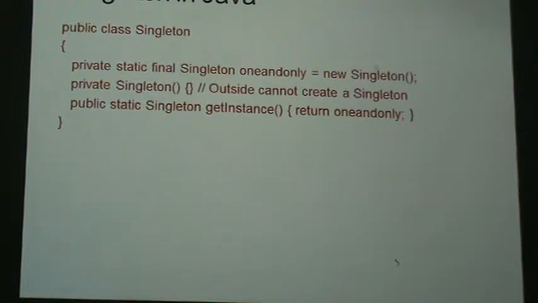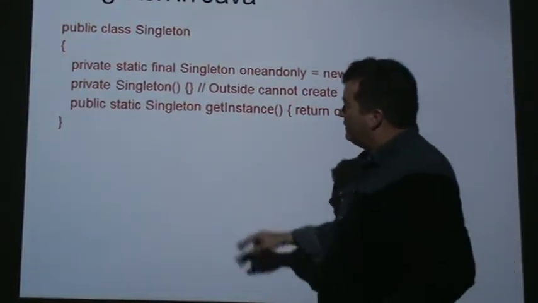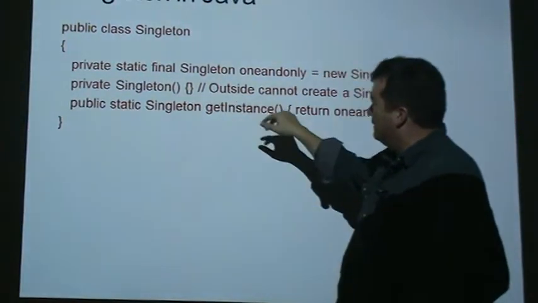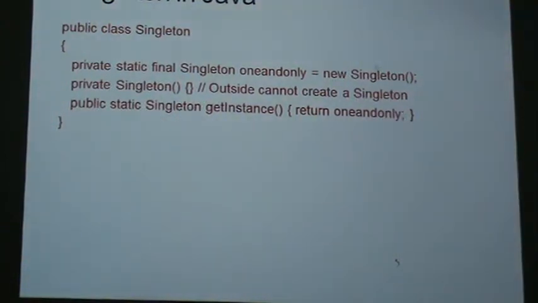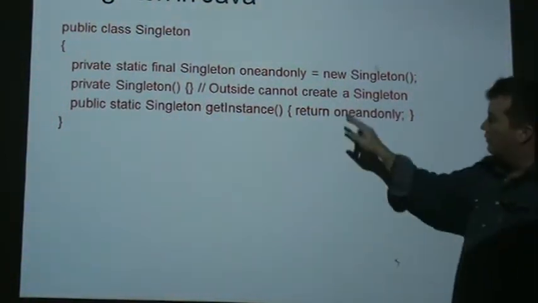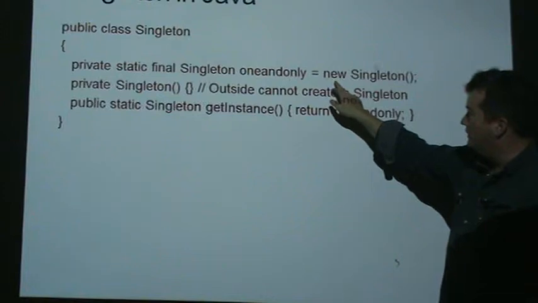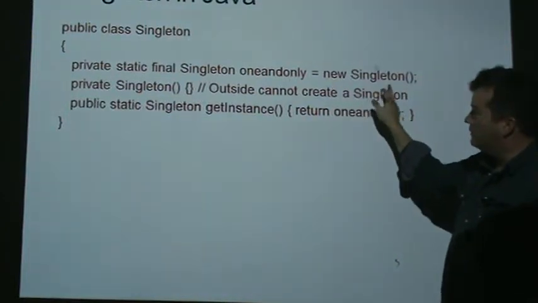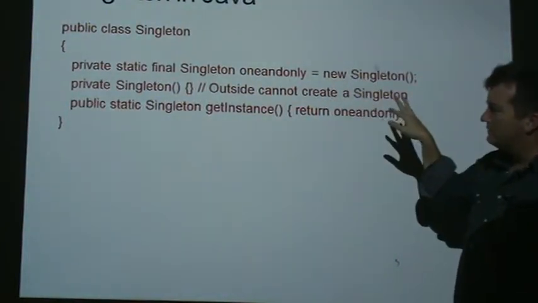The same thing is a little bit simpler in Java. It's the same idea. We're creating a private, static, final singleton object called one and only, and we call new singleton, so it'll create one for the class.